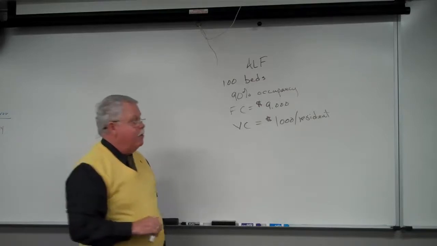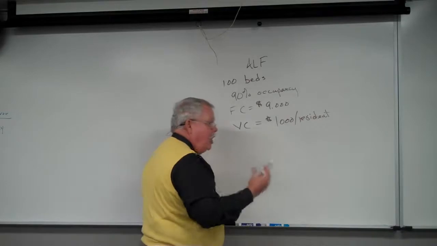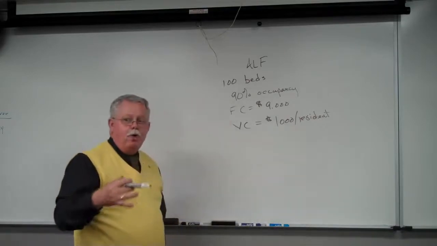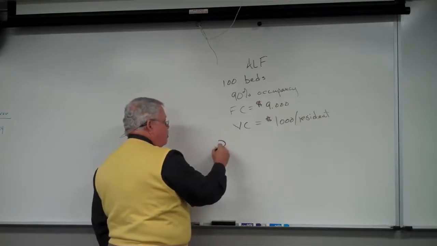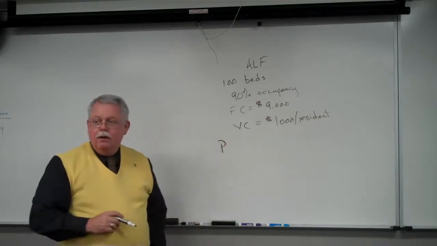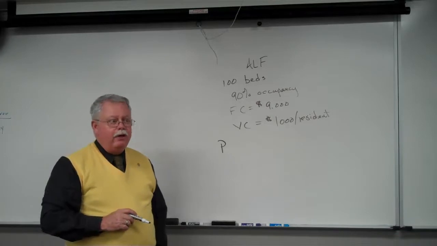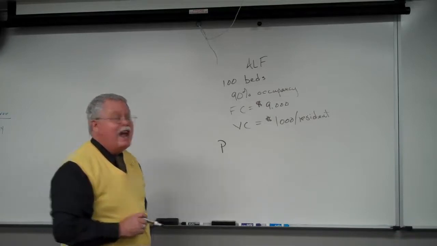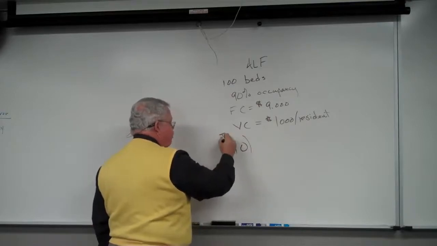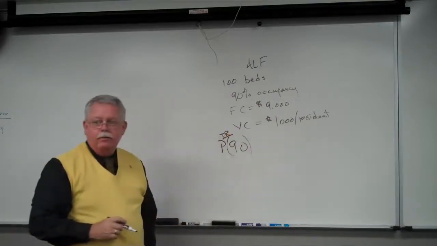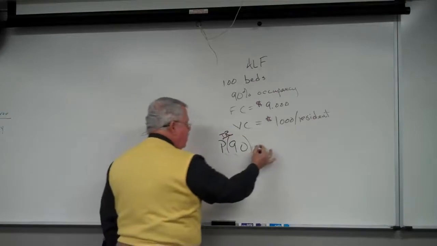Yep, different numbers. But think through the logic of it. If you forget the formula, think through the logic. Price is what I'm going to charge my residents, right? How many residents am I going to be billing each month? 90. So price times 90, that's how much total revenue I'm going to bring into the business. That's got to exactly equal the costs.